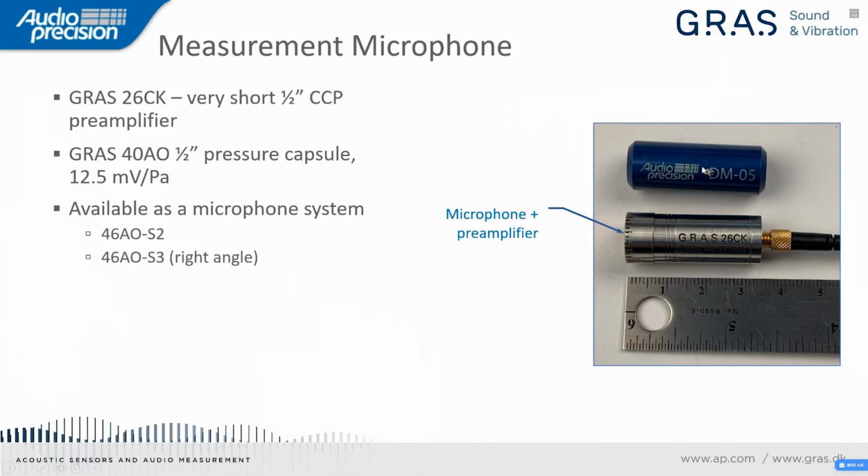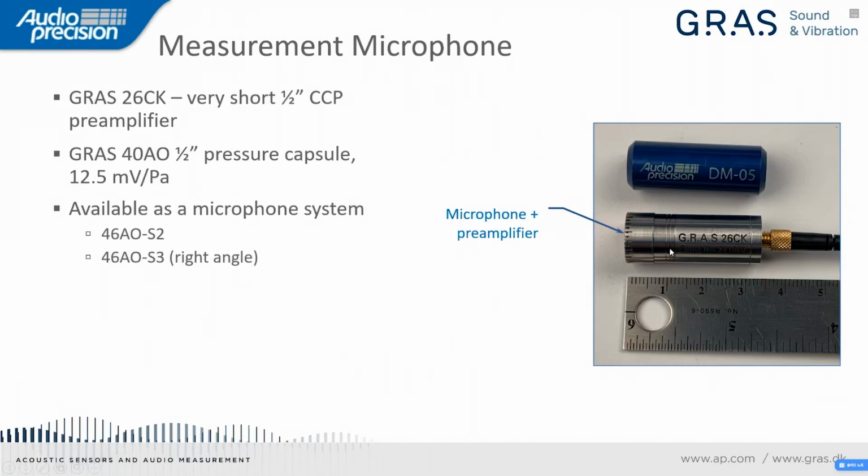And here we have AP's dummy microphone, which, as you can see, is about the same physical size and shape as the measurement microphone. We'll talk about that in a minute. Now this microphone, the one I'm showing here, is two components, which you can buy separately, but from Grass you can also get these as a system. So the 46AOS2 is the microphone system. It provides the two together.